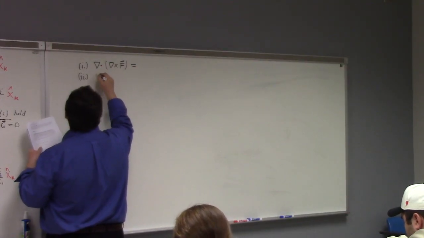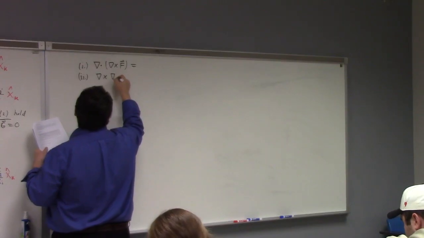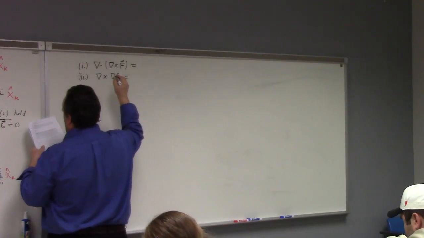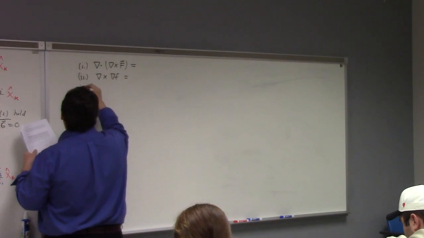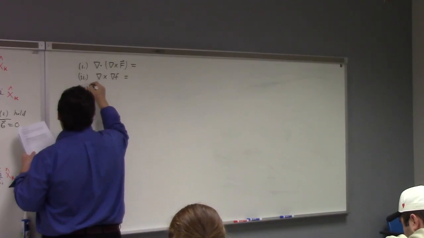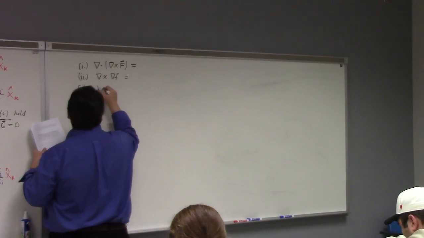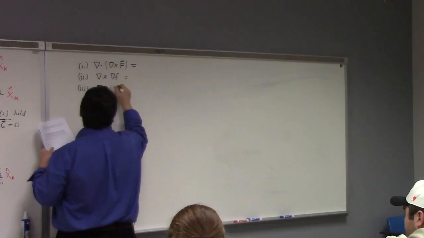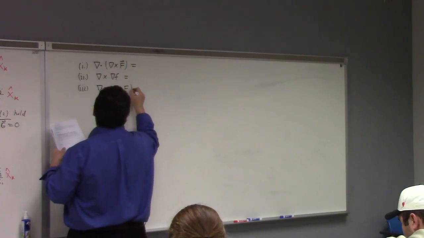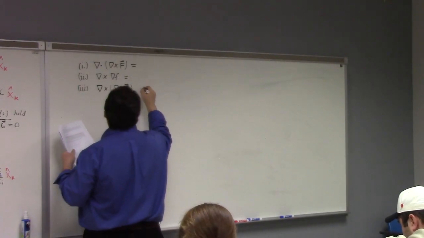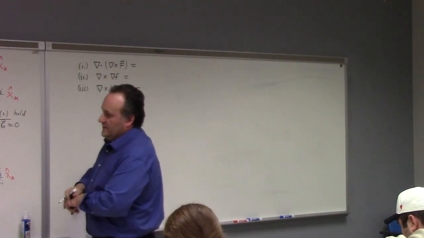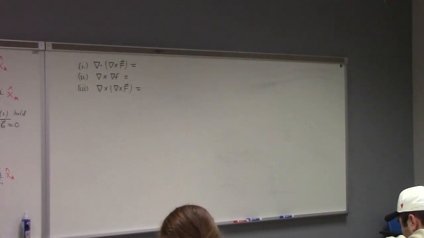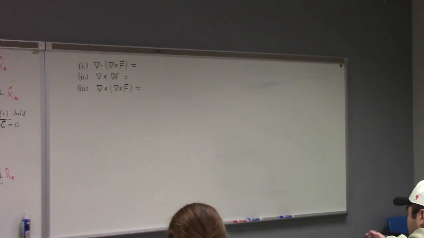What do you guys think the curl of the gradient would be? And last but a little bit different, what do you think the curl of the curl would be? Notice that's a little bit different. I asked what the curl of the cross product was for number 4. Now I'm taking the curl of the curl.